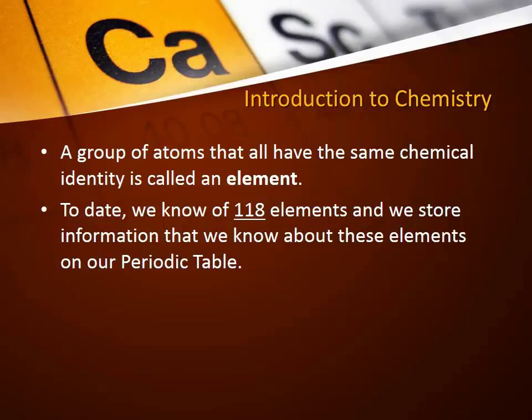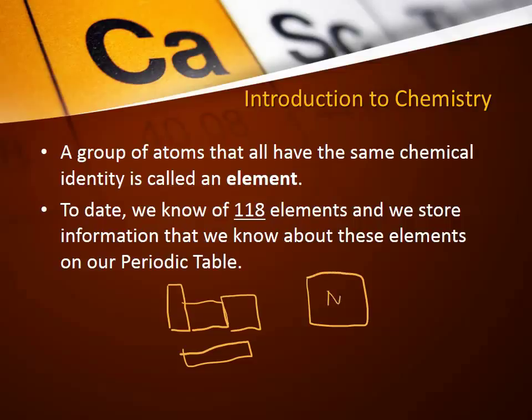A group of atoms that all have the same chemical identity is called an element. To date, we know of 118 elements. We store that information, at least what information we can, on our periodic table, which is that thing you've probably seen somewhere that looks a lot like this. So each individual square often has a few things about it.